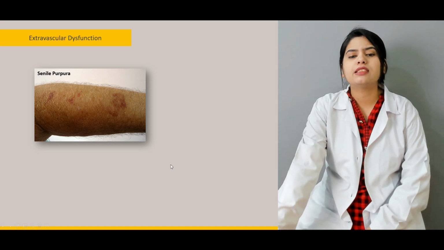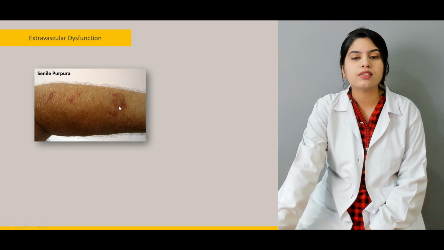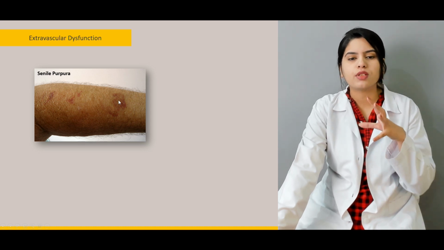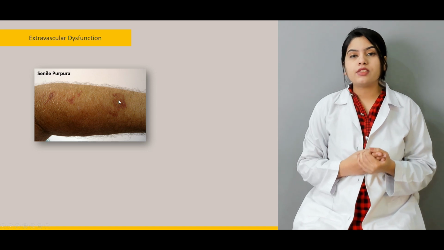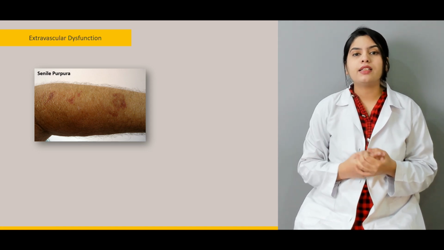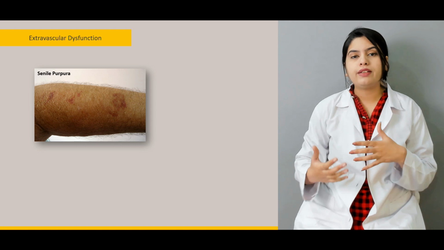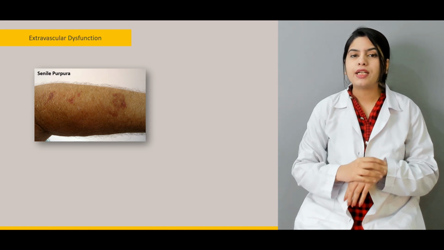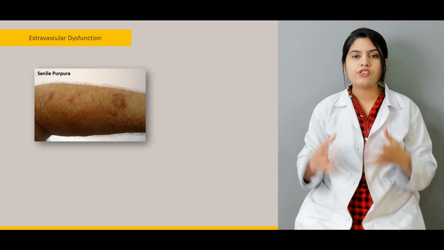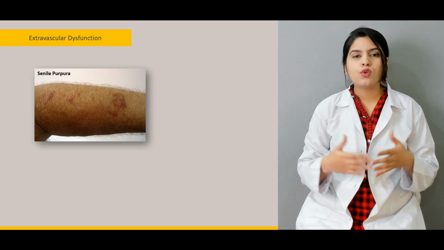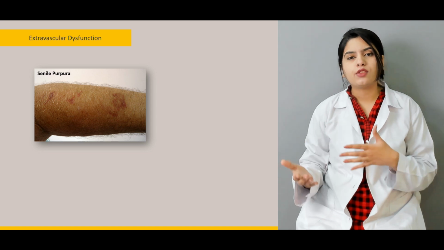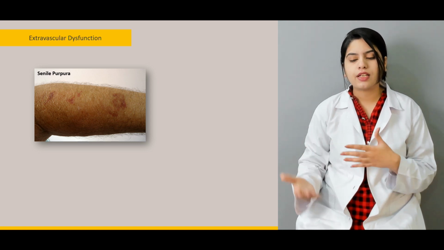It appears like this, as you can see, simple reddish spots on the body. The pathology behind this disease is that in older age, the blood vessels become more fragile. That's why these disorders occur commonly in the older age and in this kind of patient.